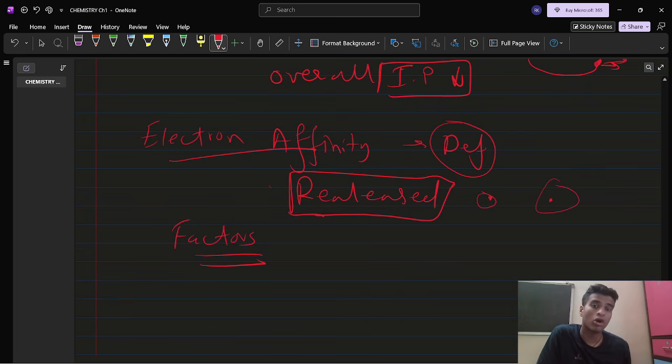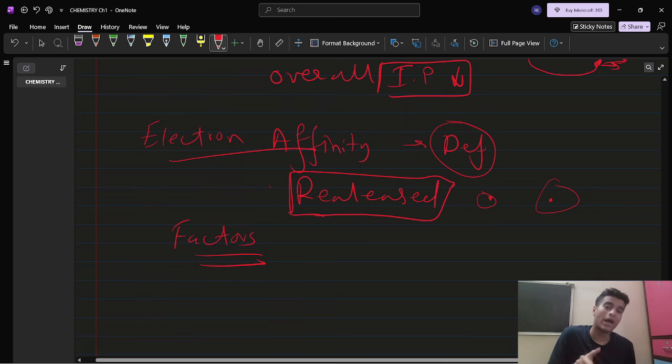Because metals do not lose electrons only. That is why non-metals always they will have high electron affinity because metals तो do not lose electrons only ना. Definition क्या कहता है कि amount of energy released when an atom in the gaseous state accepts an electron. Oh sorry, the metals do not accept an electron, right?